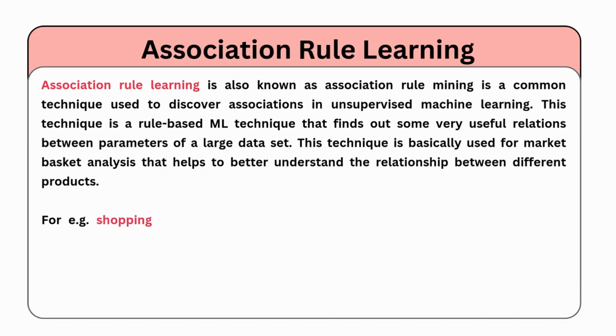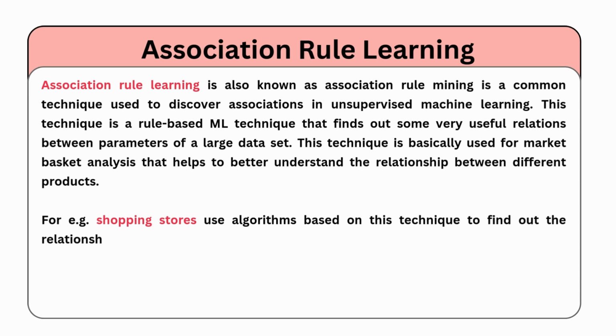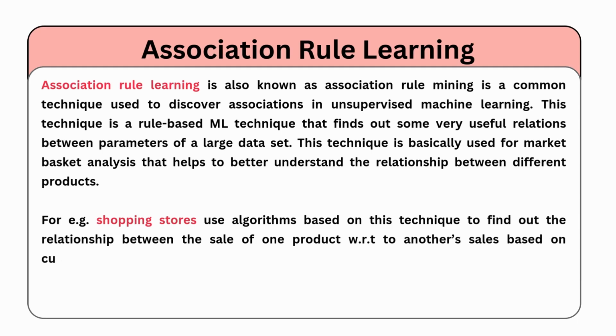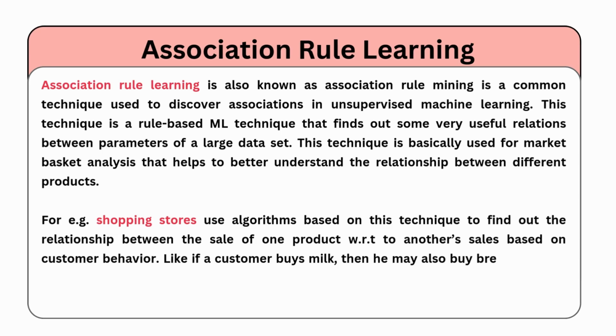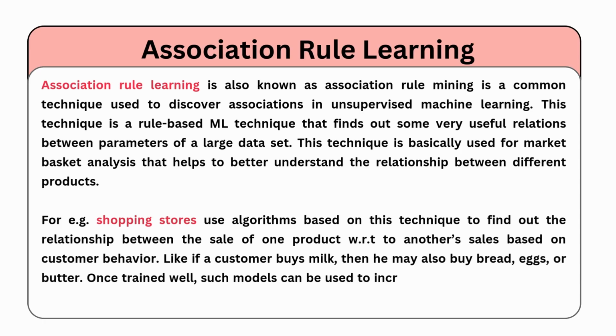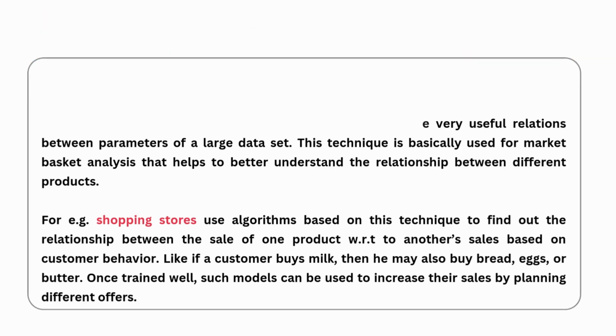For example, shopping stores use algorithms based on this technique to find out the relationship between the sale of one product with respect to another sale based on customer behavior. If a customer buys milk, then he may also buy bread, eggs, or butter. Once trained well, such models can be used to increase sales by planning different offers.